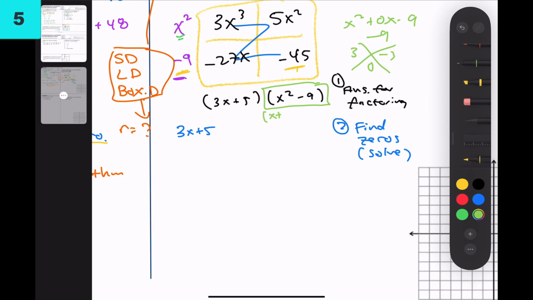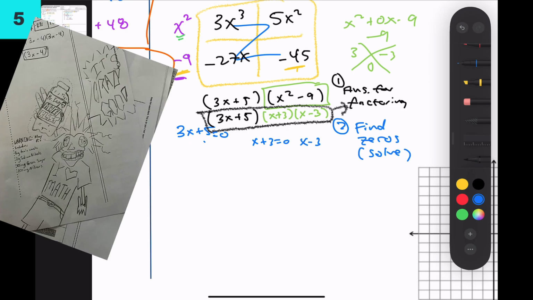So that becomes x plus 3, x minus 3. So this one here in black pencil would be your answer for factoring. Now I'm setting each of those equal to 0. x equals negative 3, x equals 3 here.